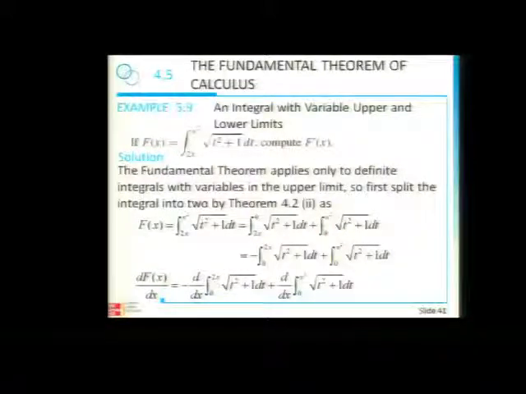First part from a to c, and then second part from c to b, right? So we are using that theorem to split this integration, making use of an intermediate value, 0. So that the integration is now from 2x to 0, and then from 0 to x squared. So they are the same. That is according to theorem 4.2, number 2. Okay, take a look there.